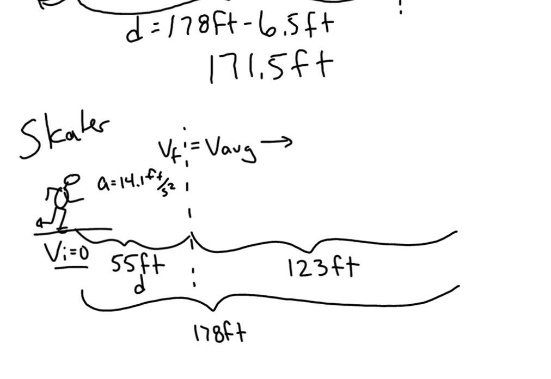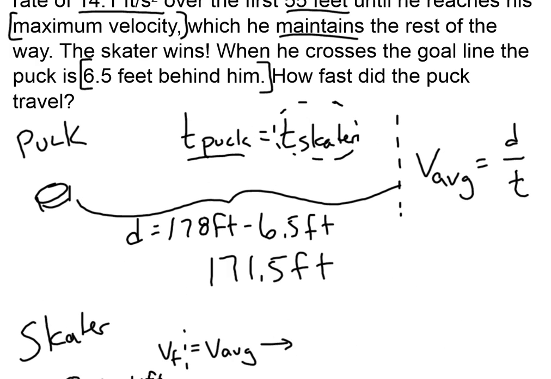What that allows us to do is solve for 2 things. One that's really important, we've got to solve for the time in this first interval. Eventually, we're going to have to solve for the time in the second interval, and we can add that up to get the total time that it took him to go the 178 feet, which is our goal, since in order to find the speed of the puck, we need to know how long it took the skater to finish, because that's how long it took the puck to go 171.5 feet.